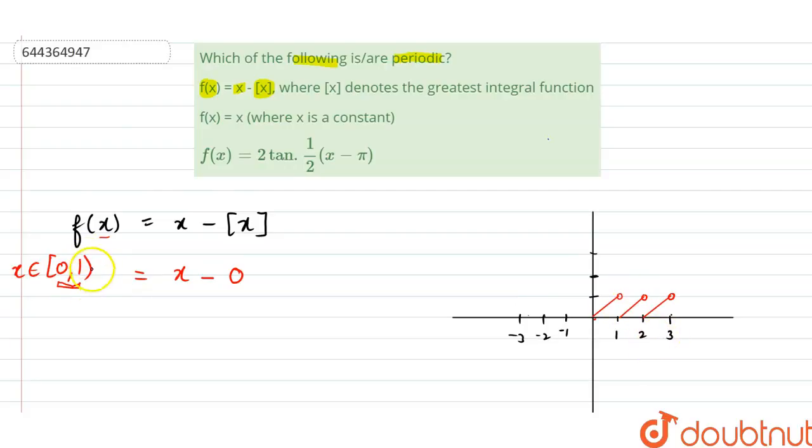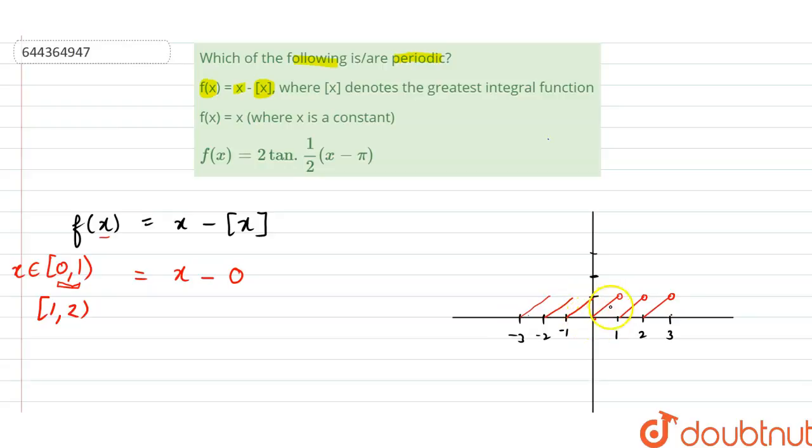So it is void at 1 for interval 1 to 2, it is void at 2. So and so on, we can see that this graph will keep on going in the same way.